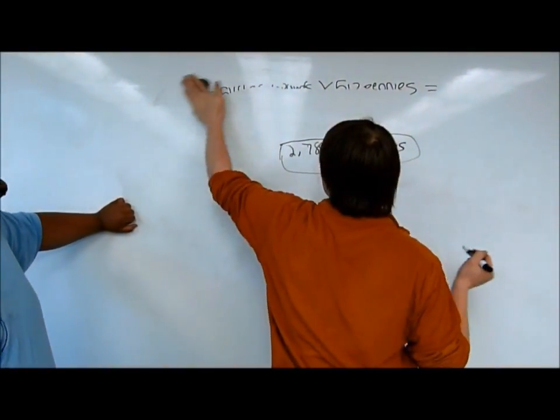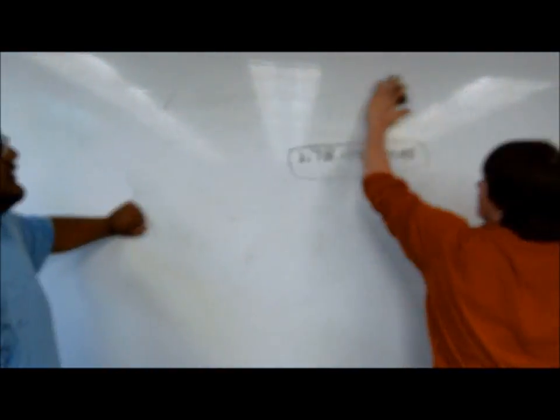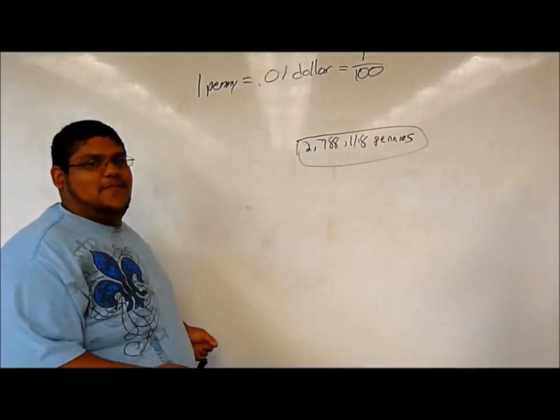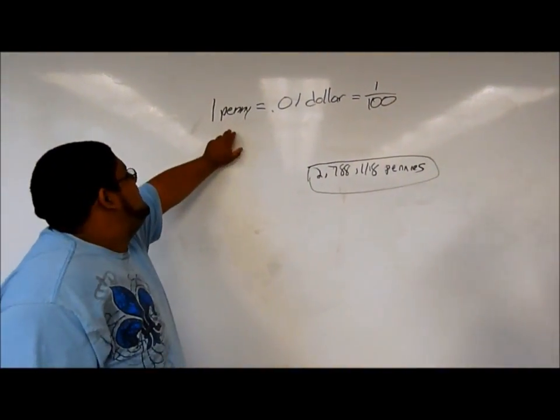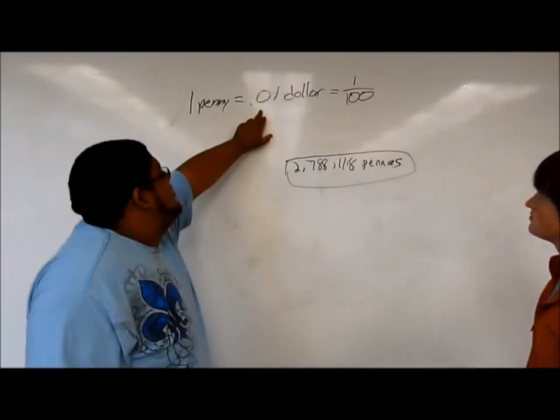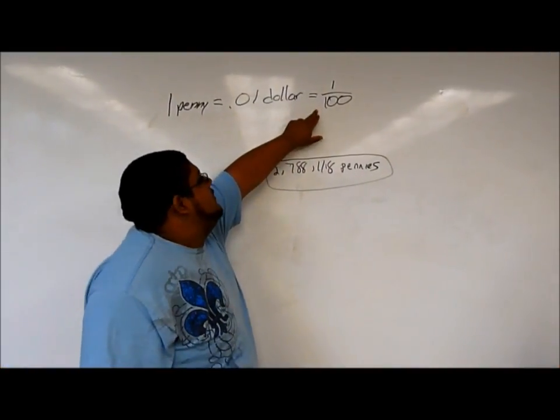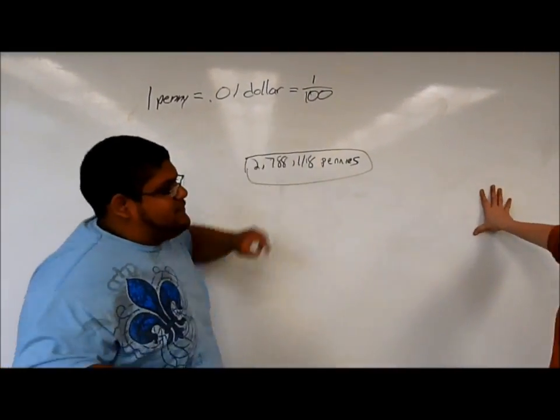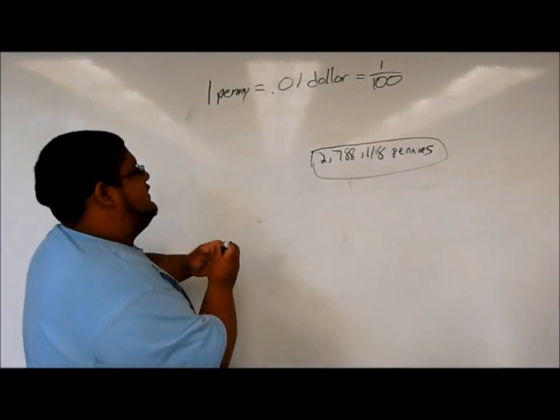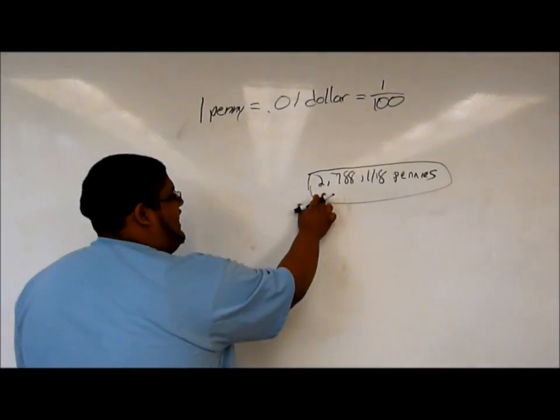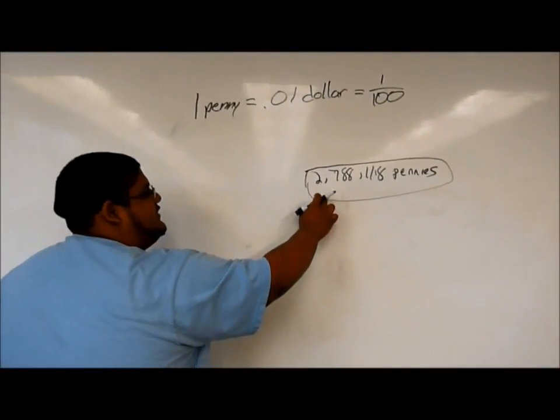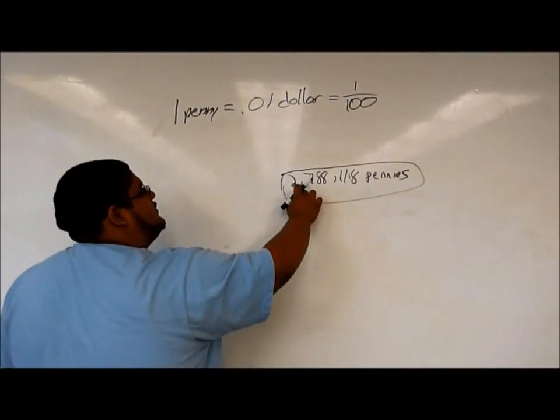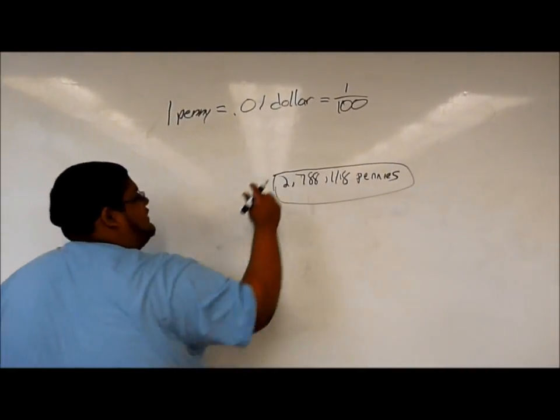Now what Josh is going to show you is how much money that would be. Alright, we know that 1 penny equals $0.01, which equals 1 over 100. And now to convert the number of pennies for the average weight of an elephant, we have to take this number and multiply it by the conversion factor up here.